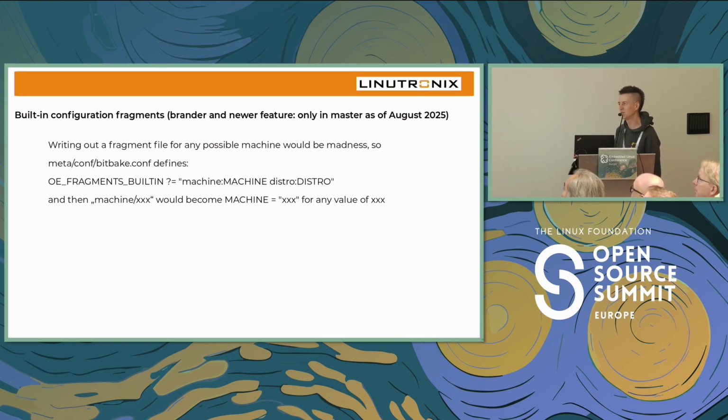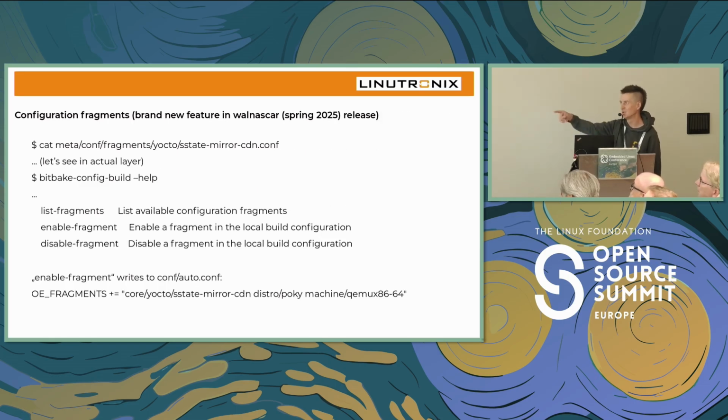So together, this is a standard way to specify features in a Yocto build, on a higher level than particular local.conf type statements. You just say, I want libc musl or toolchain clang or systemd for init manager, and it all goes into this OE_FRAGMENTS assignment.